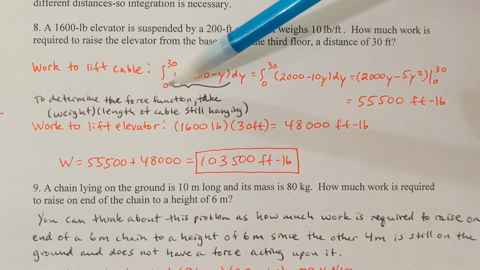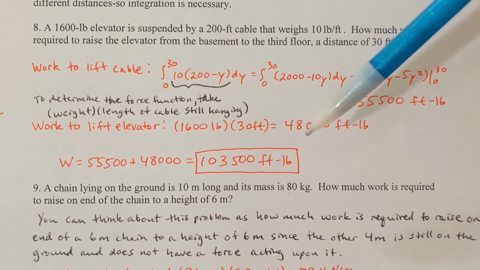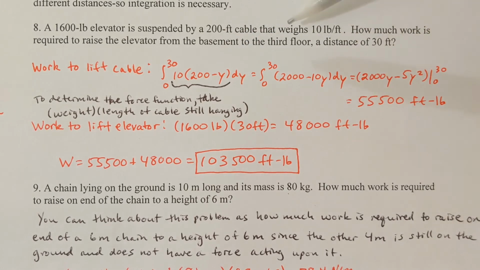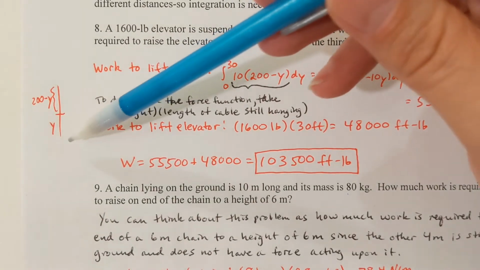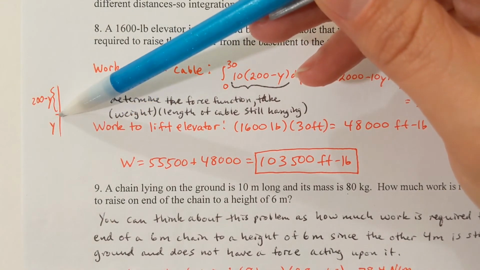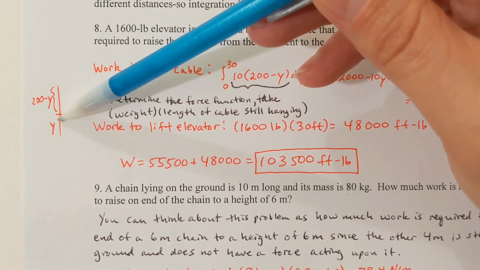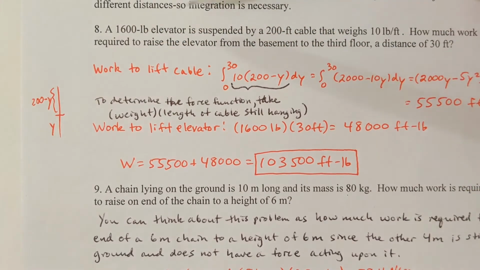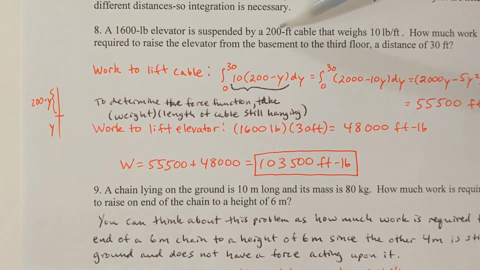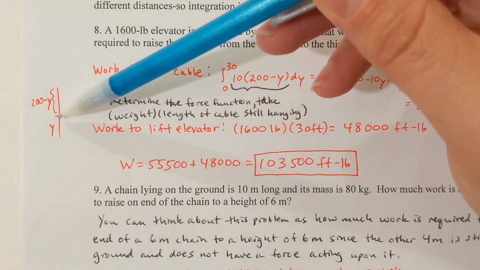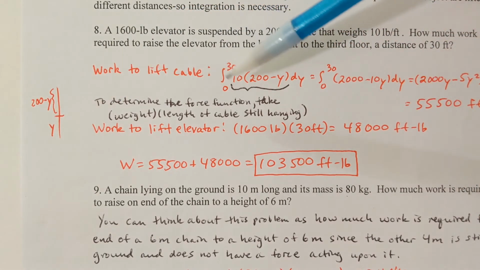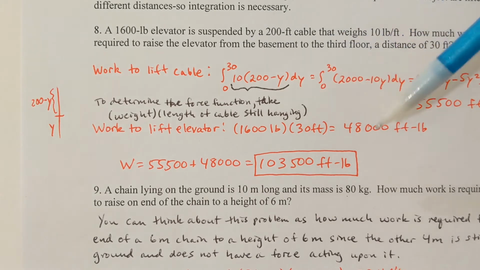My bounds on the integral are going to be 0 to 30 then. The cable weighs 10 pounds per foot. Now, I'm going to let y represent the distance that the elevator is going to be lifted to, and then since the cable is 200 feet long, 200 minus y would be the length of the cable still hanging.